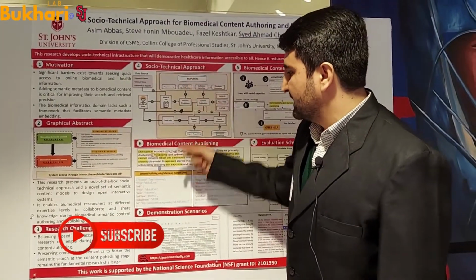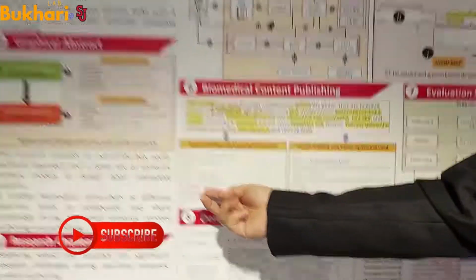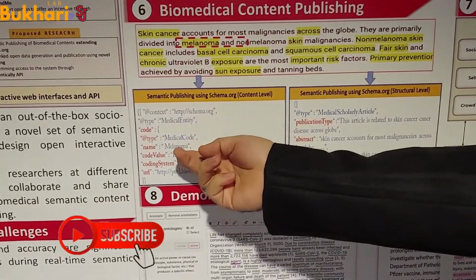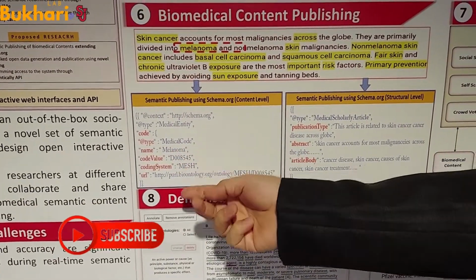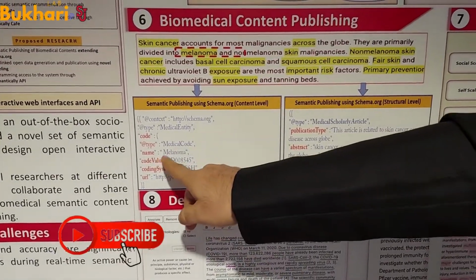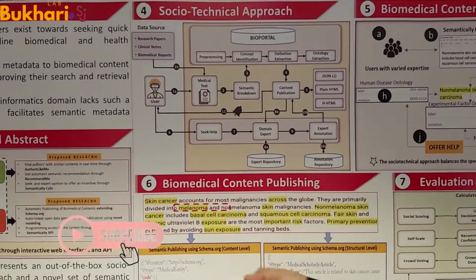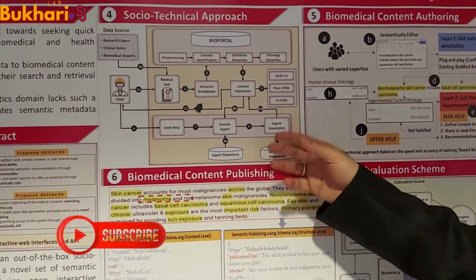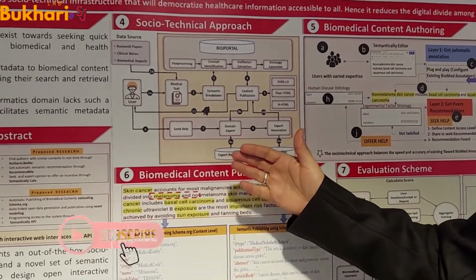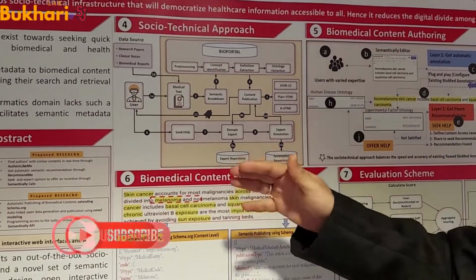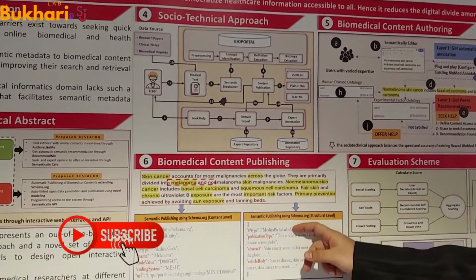The semantic information can be like concept ID, ontology, and ontology link. So this is the biomedical content. So we are using this BioPortal to get the content level information, and we also want to get the annotation at the structure level. So for this we are using this approach.